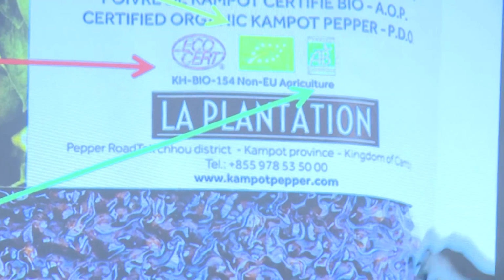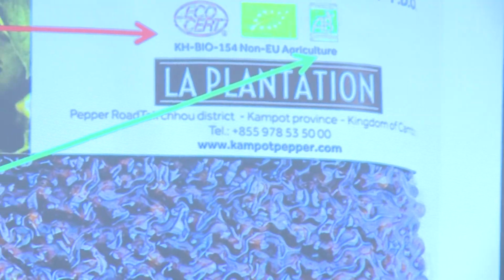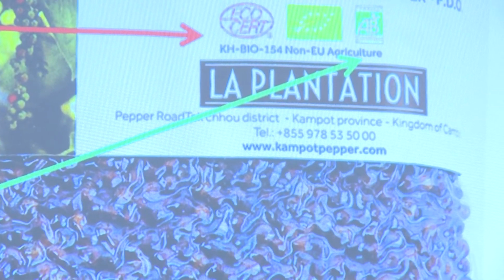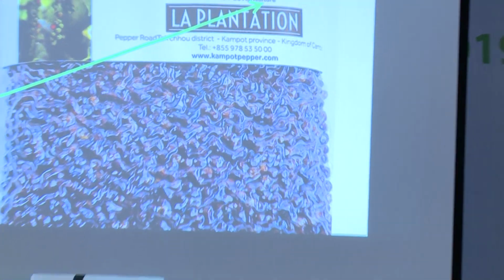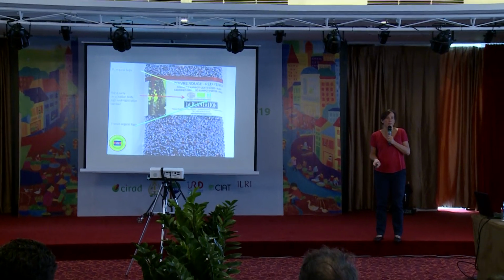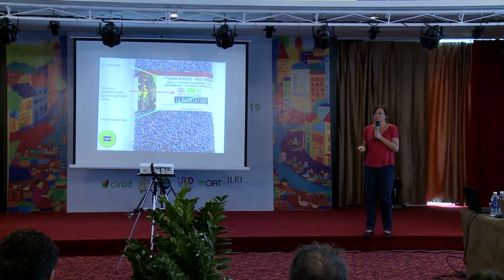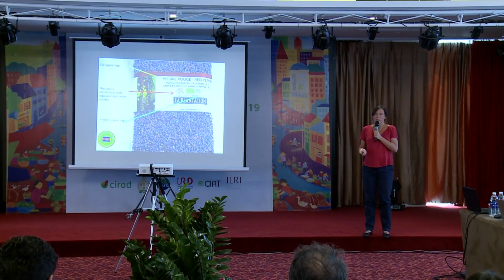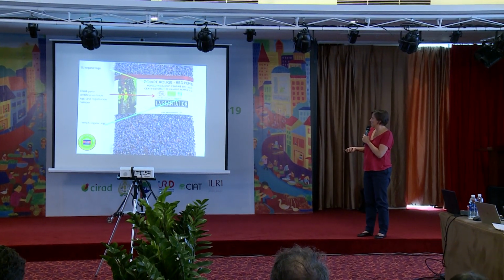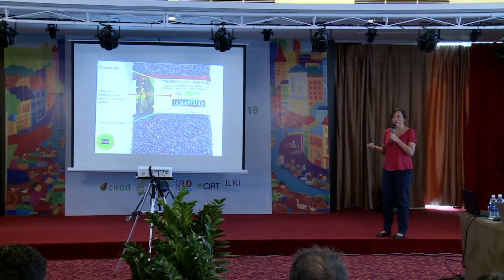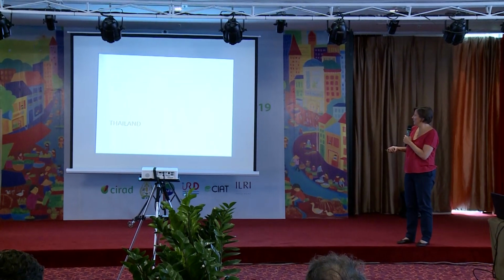So this is just to show you the very close link in this Cambodian system between EU and Cambodian certification. But the local certification body, CORA, is not accredited and cannot perform these certifications. So it's really dependent on foreign institutions.